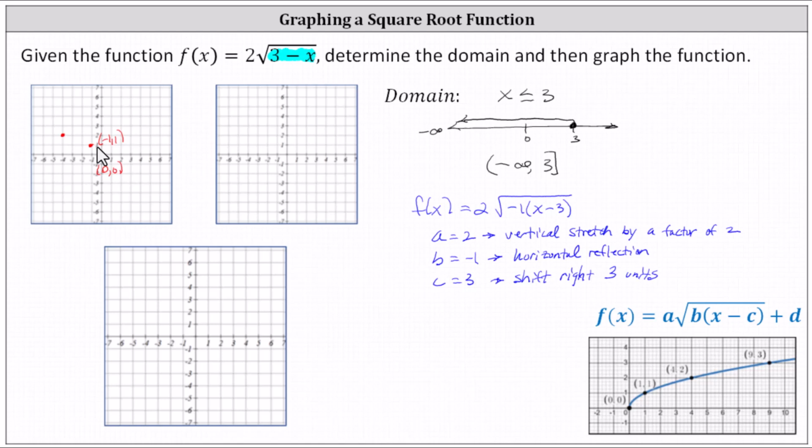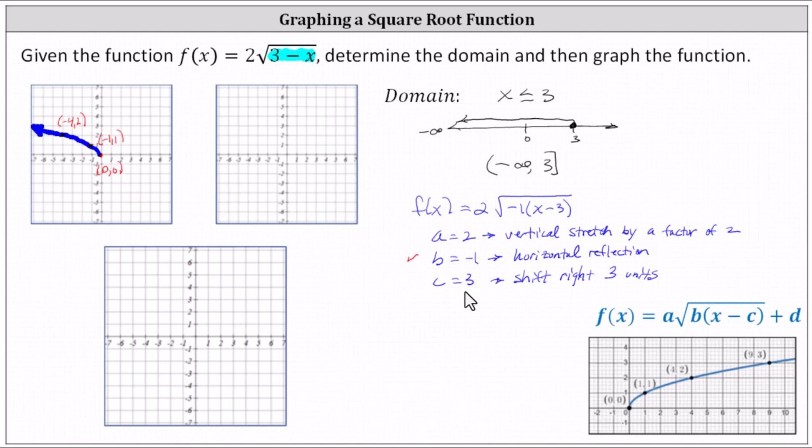Let's go ahead and graph what we have so far. This is the graph of the basic square root function after a horizontal reflection. And now because c equals 3, we'll shift the graph after the horizontal reflection right 3 units, which also affects the x values. We'll now add 3 to these 3 key points on the function after the horizontal reflection.